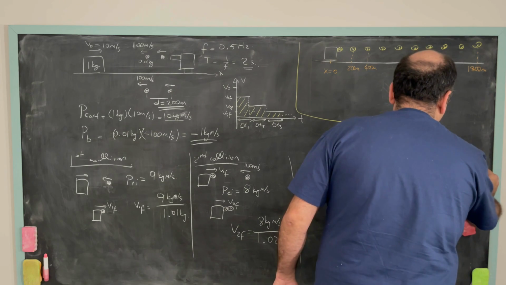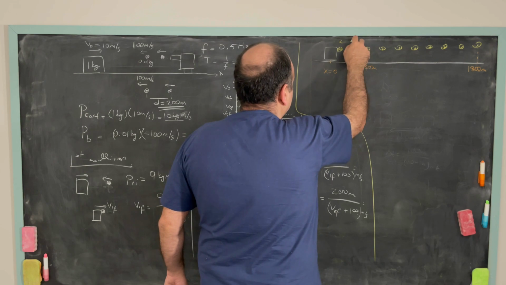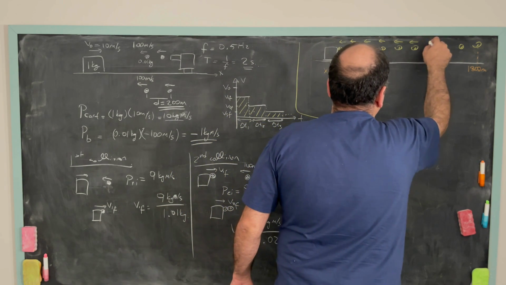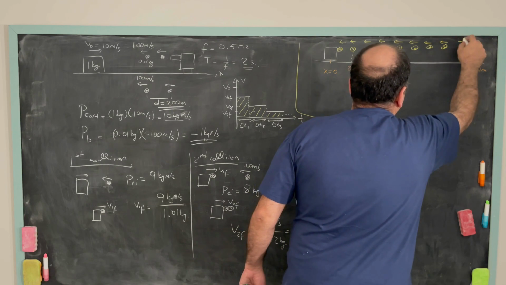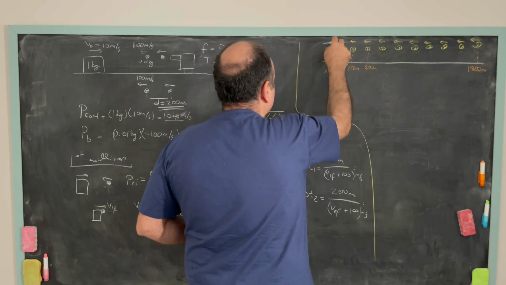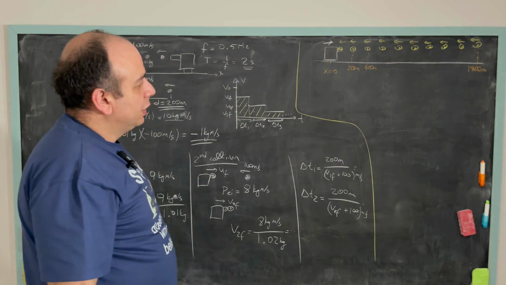This is good. And they are all moving to the left with the speed of 100 meters per second. I already know that. And this box is moving to the right with the speed of 10 meters per second.